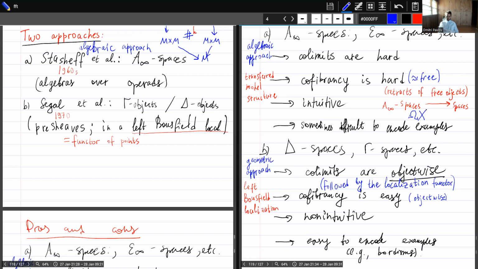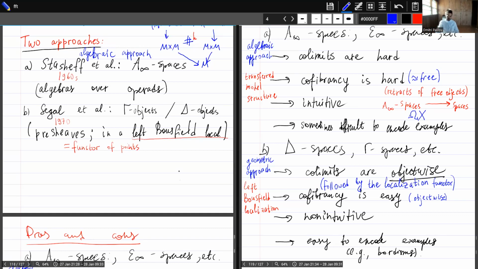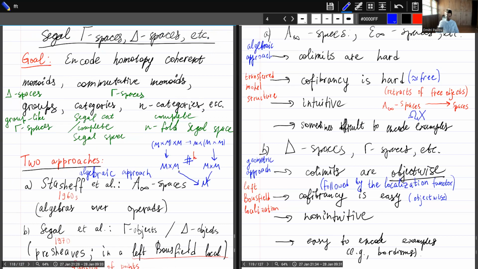All right, so just to finish the topic of comparison of the two models, the remaining difference, if you want, is that A infinity spaces are fairly easy to understand. Their definition, what I just mentioned on the previous page, where you have this multiplication which may be associative up to some coherent higher homotopies, is in principle fairly intuitive.